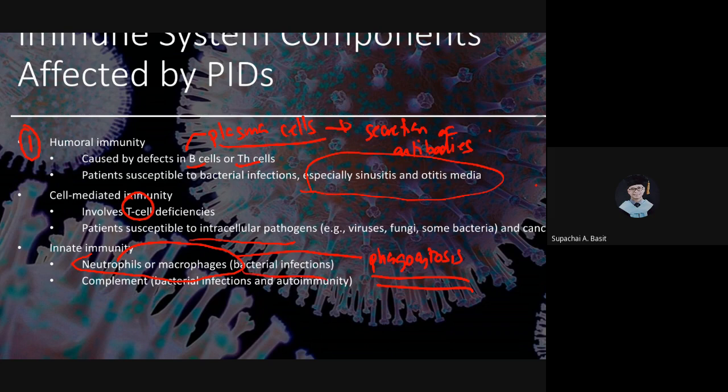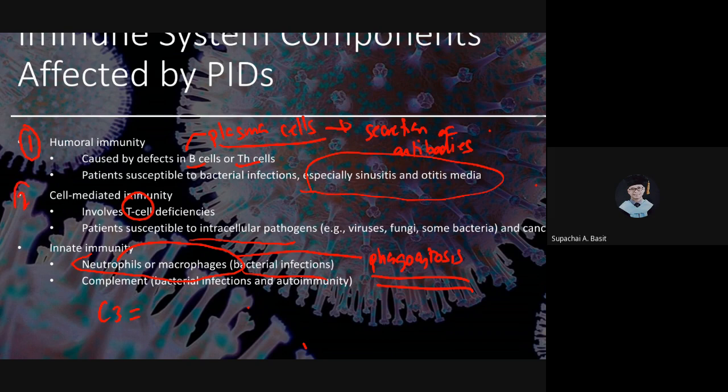Also, some patients would have deficiencies of complement components. For example, some patients may be deficient in C3, which is the most abundant complement component. So they would be more susceptible to bacterial infections and autoimmune diseases.